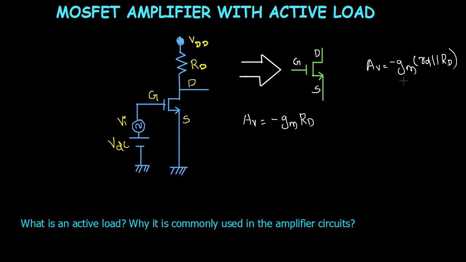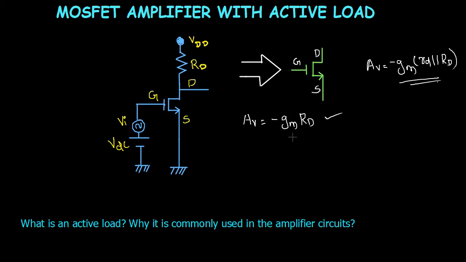If we neglect the channel length modulation effect, we have to neglect this resistor, so the gain is minus gm into RD.